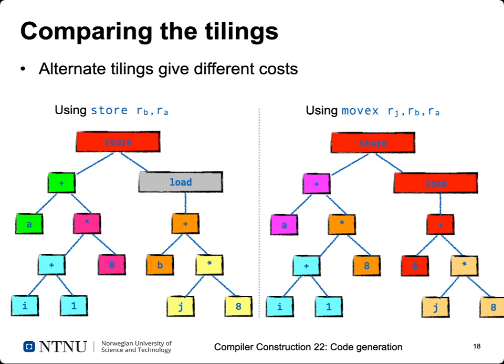So if we use different tilings for our instruction, we have different costs of our final generated program here. If we use a store instruction to store the contents of RB into RA, we would have to perform an additional load here.